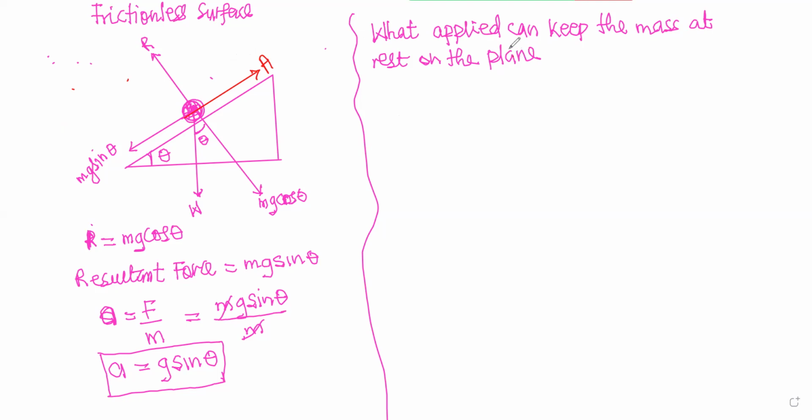Good. For a body to be stationary, the net force acting in all directions must be equal. So if you want the body to be stationary along the inclined plane, then the applied force P must be equal to the unbalanced force mg sine theta. And when they are equal, the body will stay stationary.